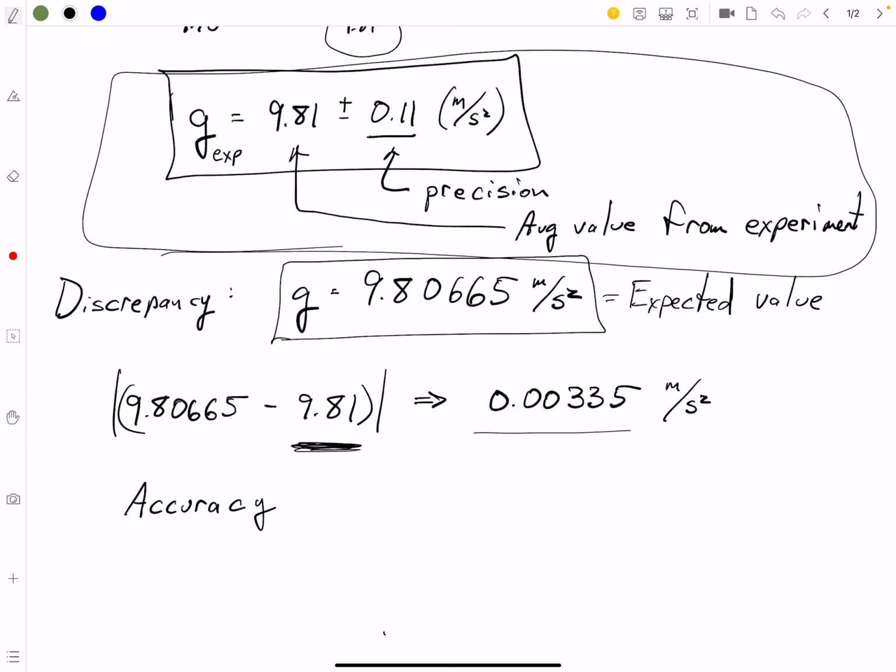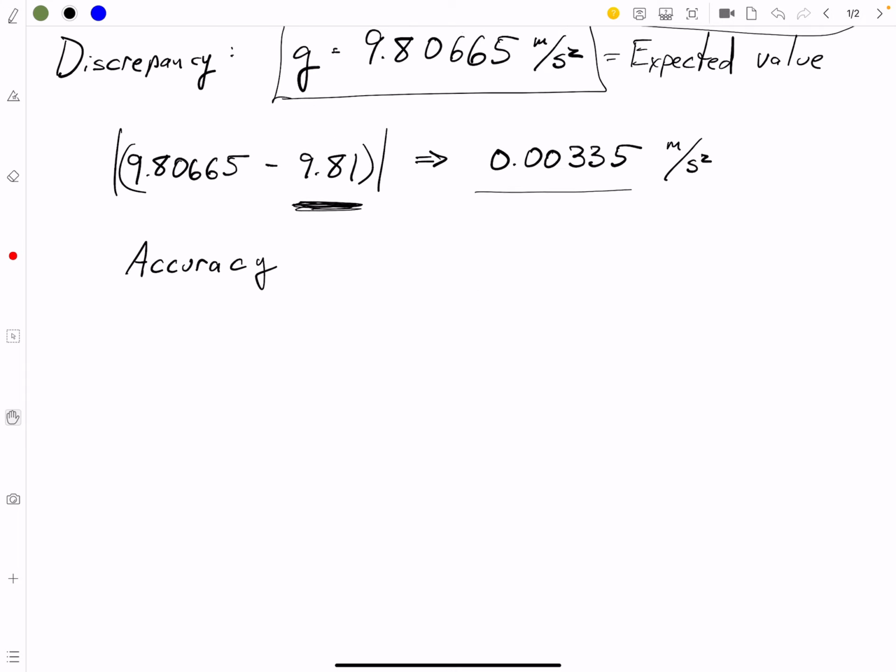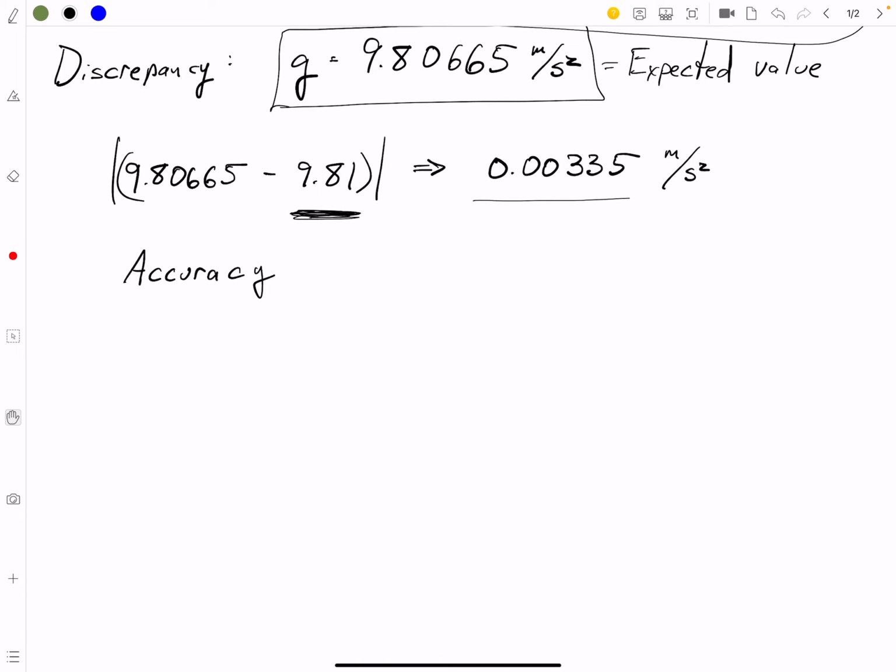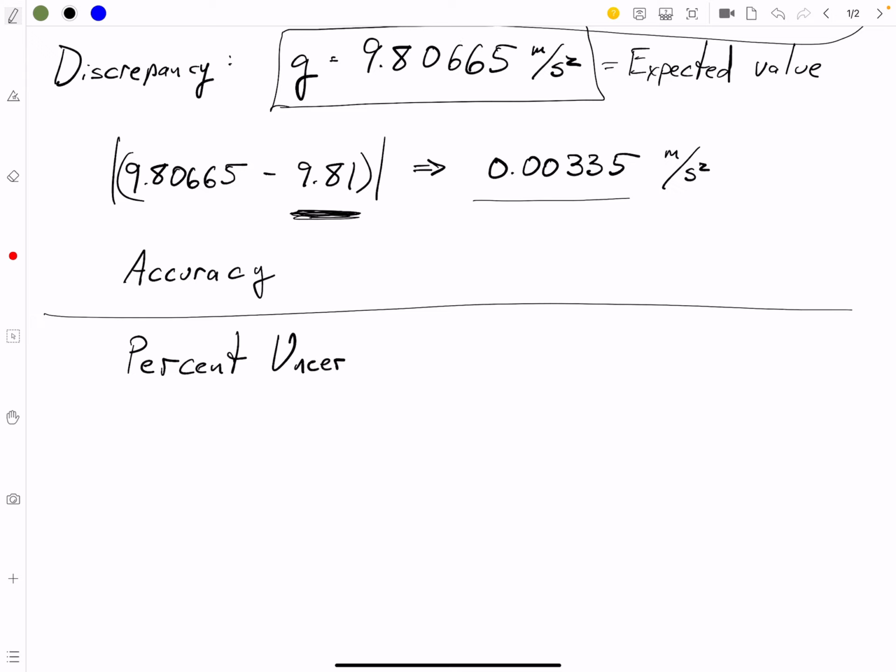Now, one thing that people like to know regarding precision in your measurement, and one thing that I often want to know when you do your lab reports, is the ratio. Let's say percent uncertainty. So what is your percent uncertainty? Well, you have an average.